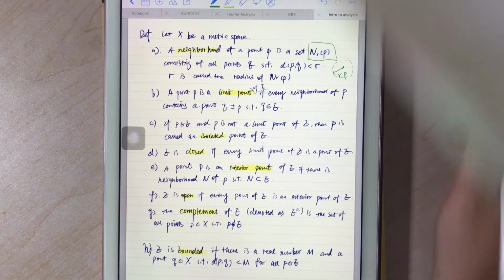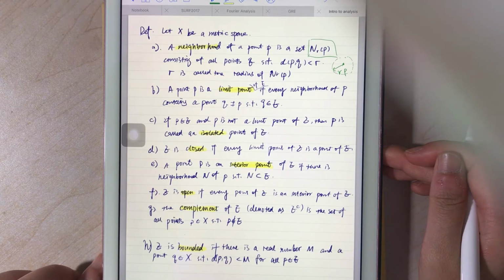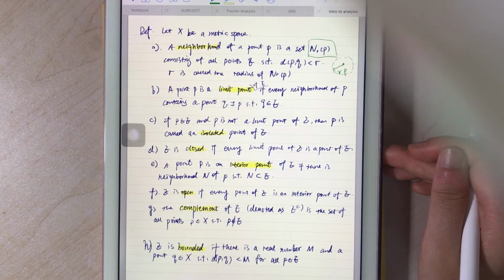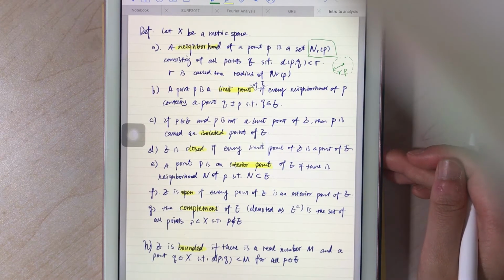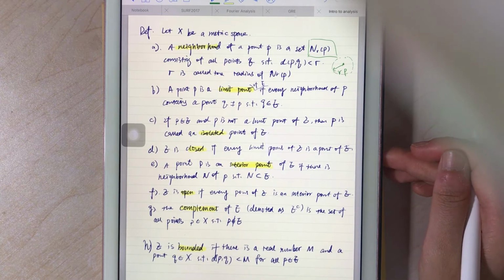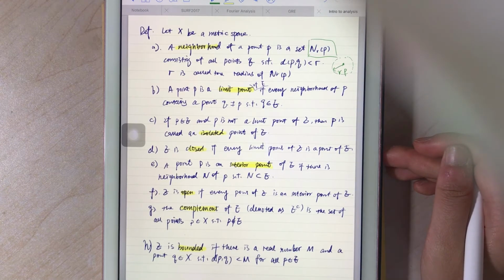Okay. Now let's move on to the second one. A point is a limit point of E. So now we are given the set E. A point P is a limit point of E if every neighborhood of P contains a point Q other than P such that Q is contained in E. If you compare this definition to the one we previously introduced in the real line case, here it says every neighborhood of P. Actually, every neighborhood of P can be translated into every radius, right?